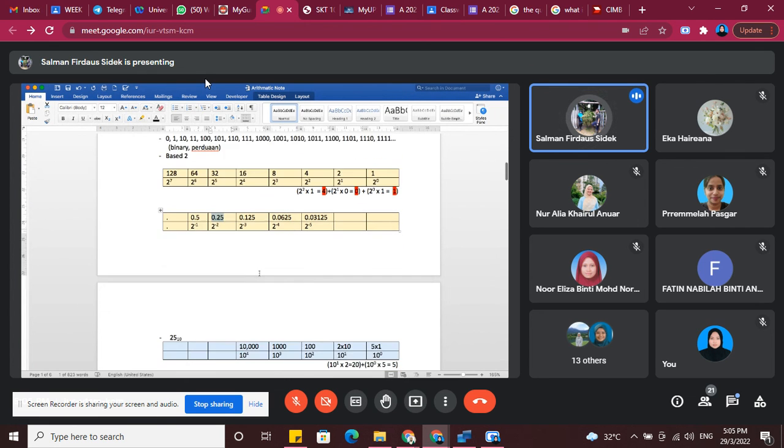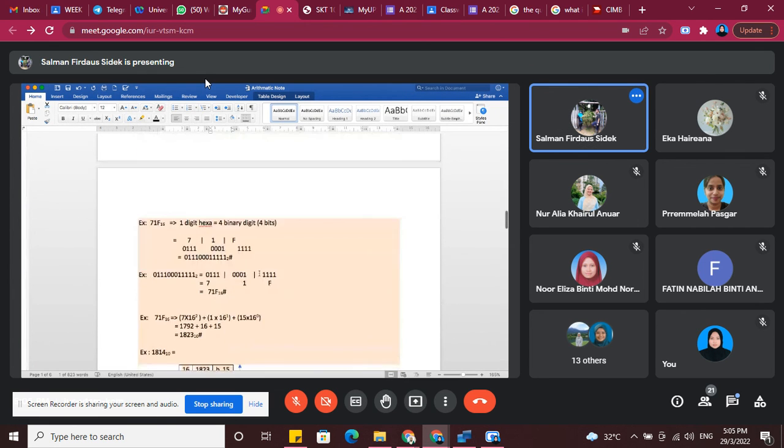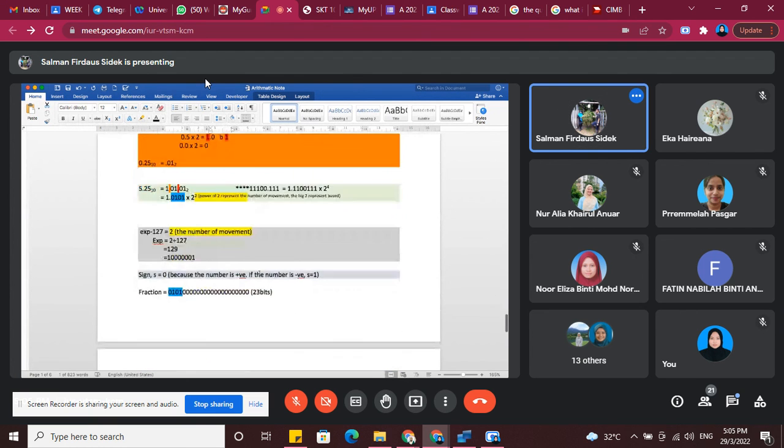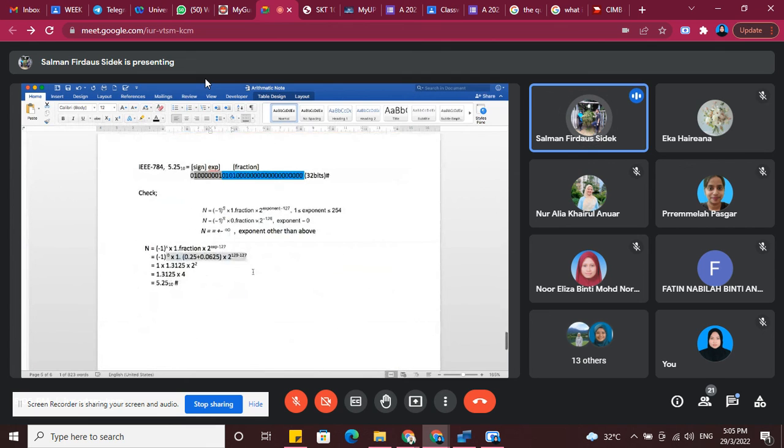Tambah dua nombor ni. Jadi bila tambah dia jadi macam ni. 0.25 tambah 0.0625, dapatlah 0.3125. Yang satu ni, I just copy it from here. Dapat tak? Ke tak faham?